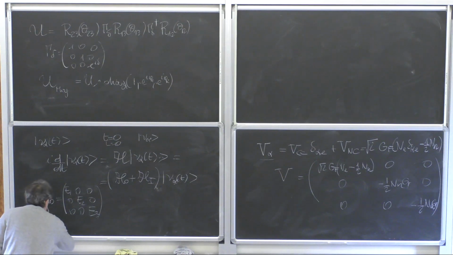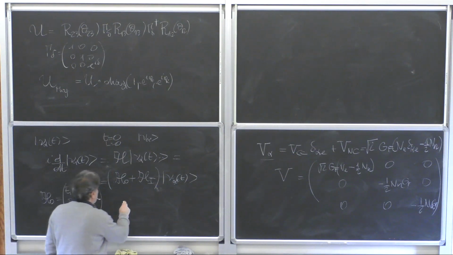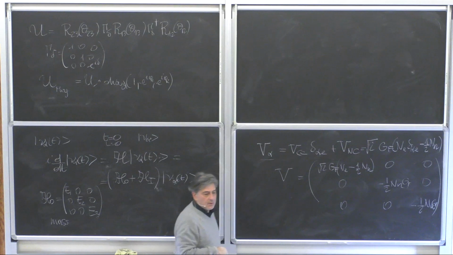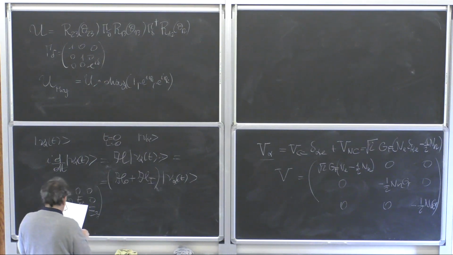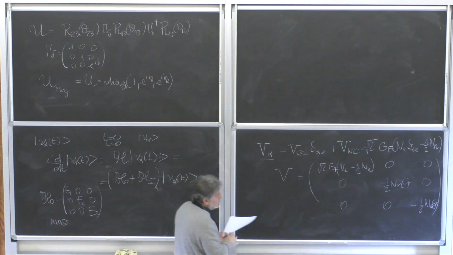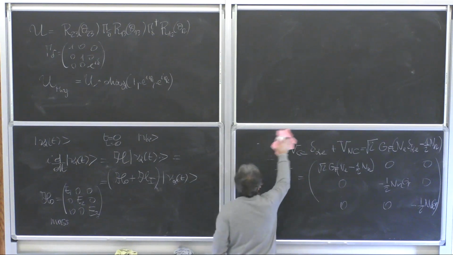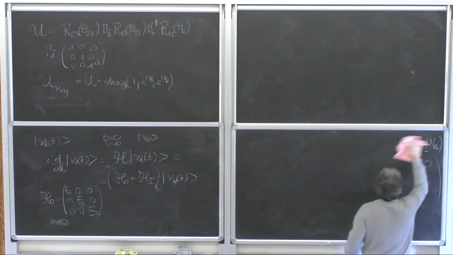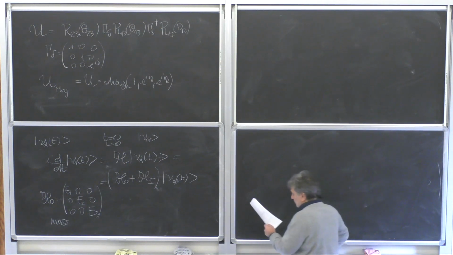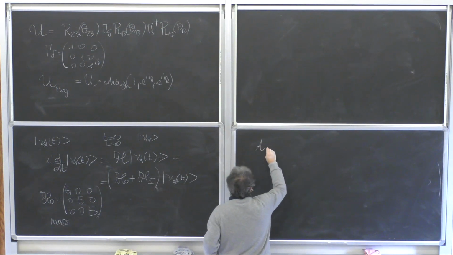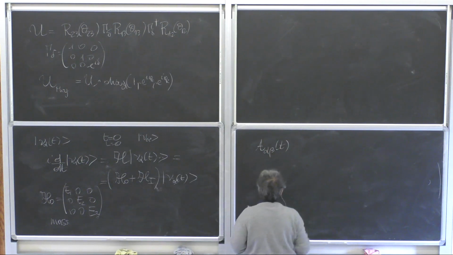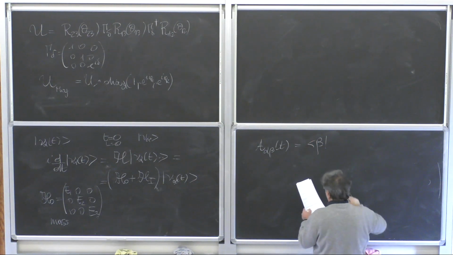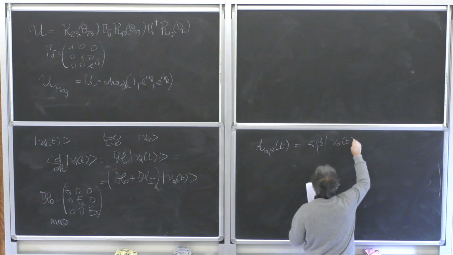So this is in the mass basis, while H_I is simply this matrix V, but this is in the flavor basis. Now, I will not do all the mathematical steps, but just sketch what we are doing, which is to consider the amplitude ψ_αβ as the projection on the flavor β of the ν_α at time t.